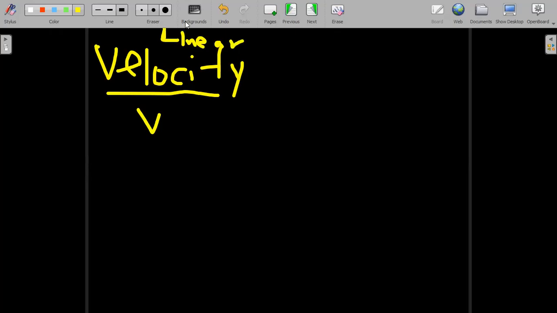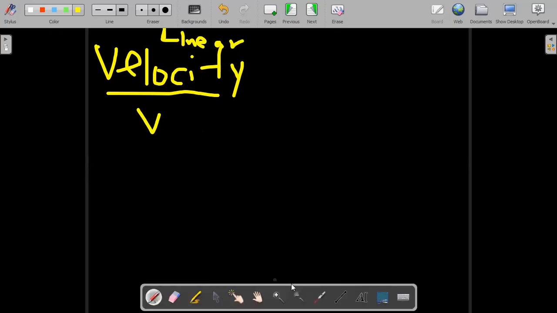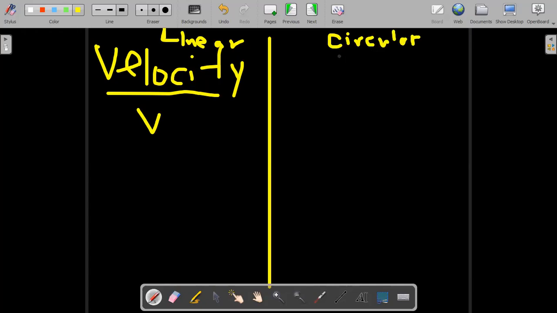So let's have something like a table. Then on the other side, let's have the components under circular motion. So under linear motion, we have velocity.